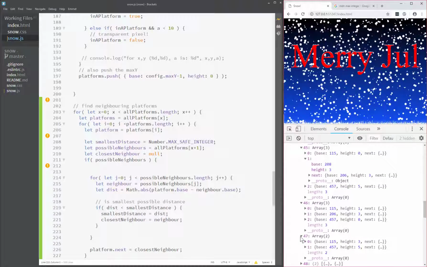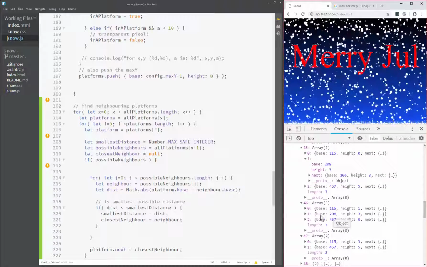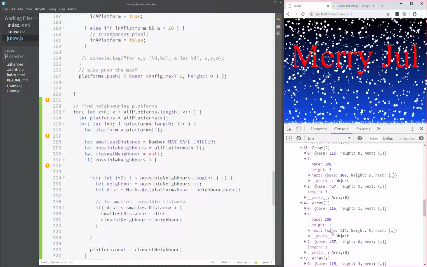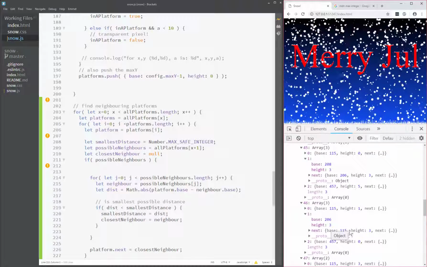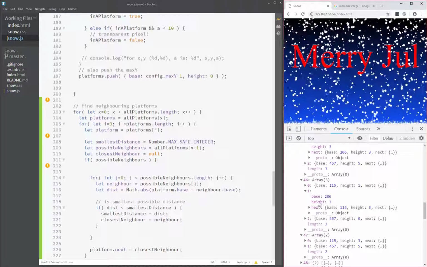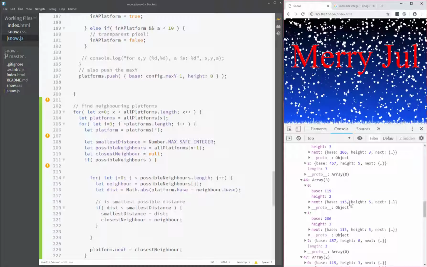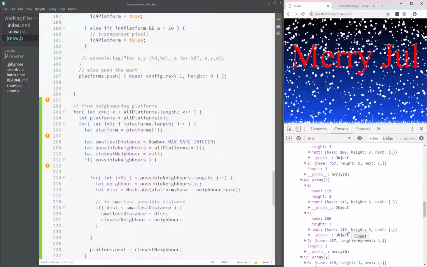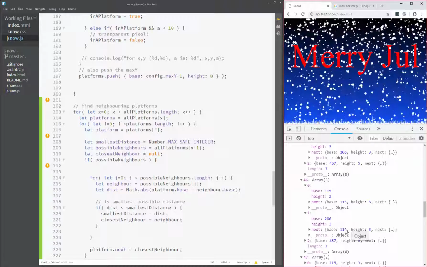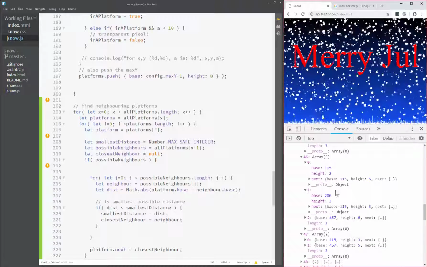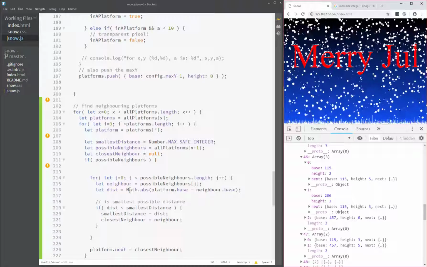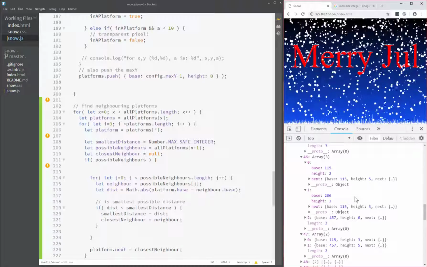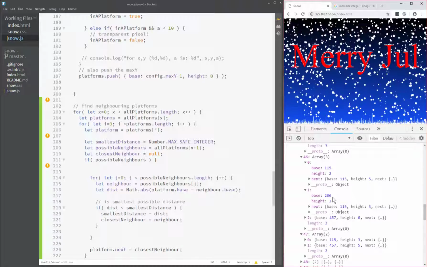And then this one should have no next. It has a next of 115, but this one has the same next. And see, yeah, now there's a problem. One platform is neighbor to two other platforms, both one right next to it and then one that is way lower.